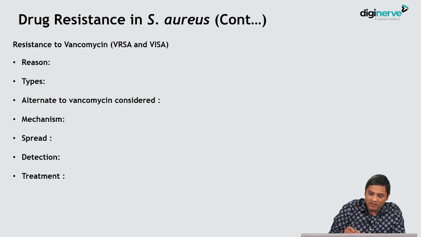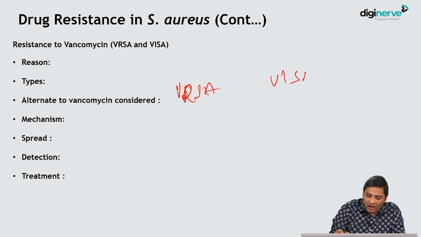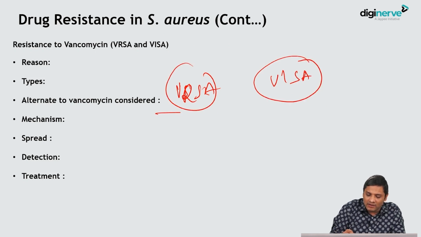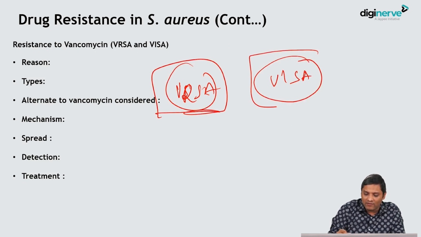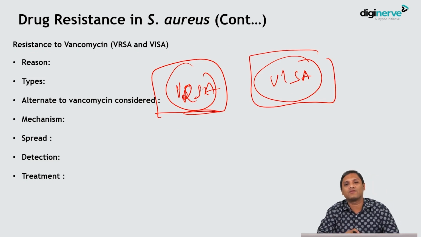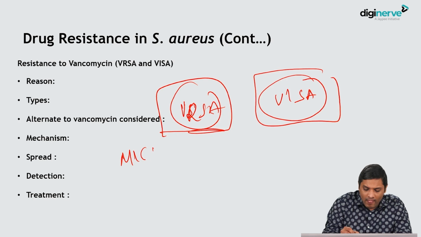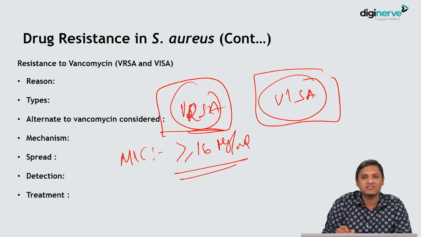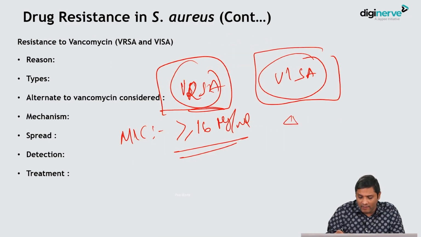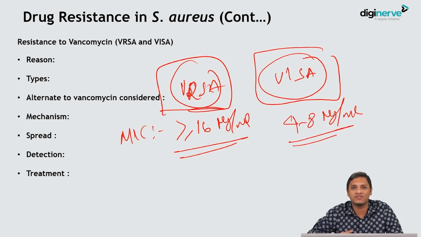But please remember that the mechanisms of VRSA and VISA are different. Vancomycin resistant Staph aureus and vancomycin intermediate Staph aureus vary from each other in their MICs. If the MIC is more than 16 microgram per ml, then it is considered VRSA. If the MIC is 4 to 8 microgram per ml, then it is considered VISA.